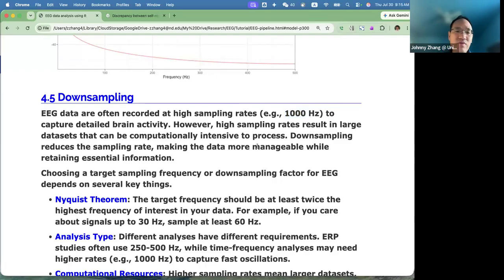Although this can capture very detailed brain activities, oftentimes this high frequency information may not be necessary to identify important findings in the brain. So sometimes we can use downsampling. Downsampling can reduce the sampling rate, so it can make our data sets smaller, and it's easier for us to do all kinds of calculations in the future.